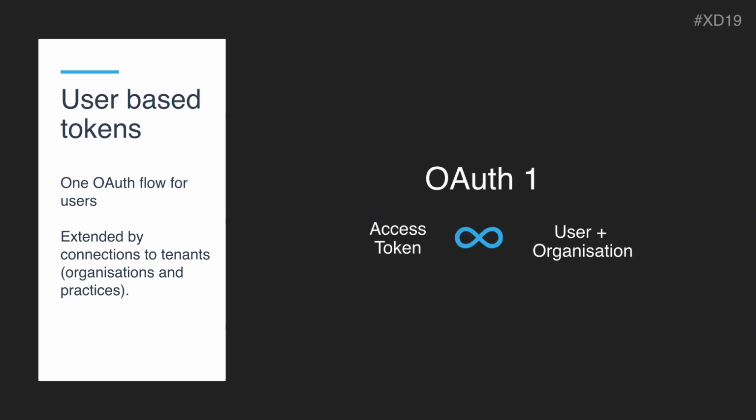We touched on this during the demo, the fact that under OAuth 1A, the access token is actually tied to the user and the organization. The difference is that in OAuth 2, the access token is actually tied to the user. That enables a user to have multiple tenants, as we saw in the demonstration. It also allows that user to be tied to a practice as well.